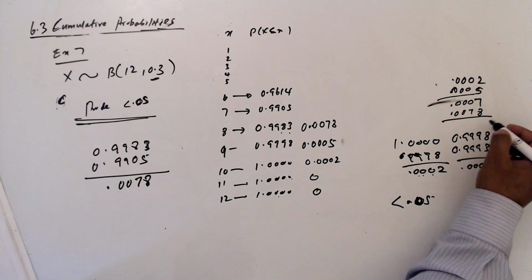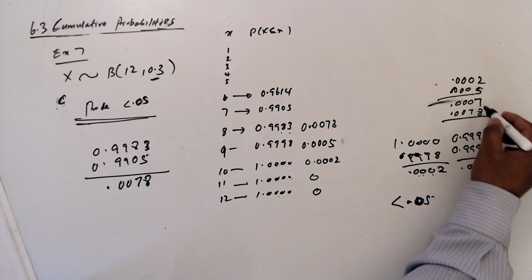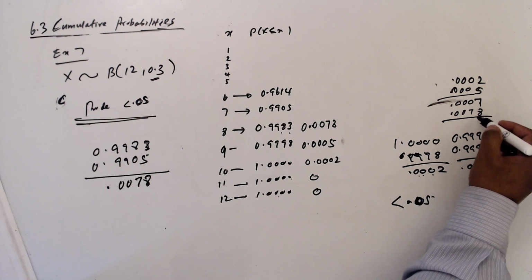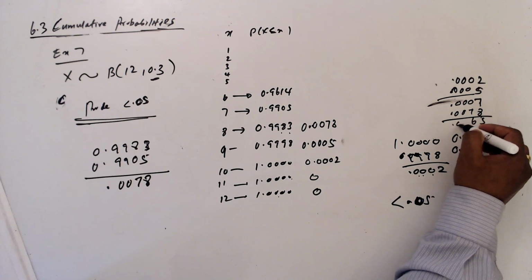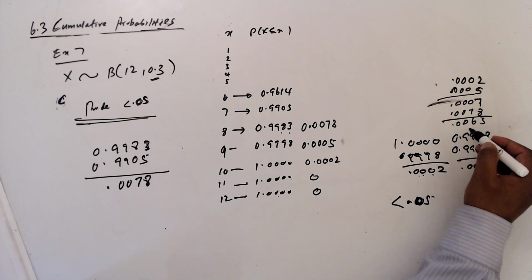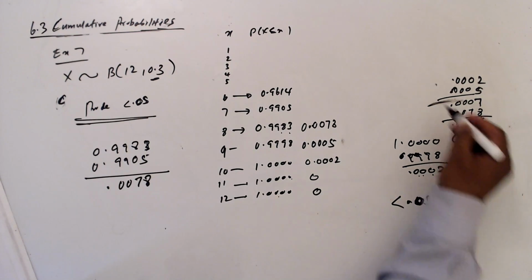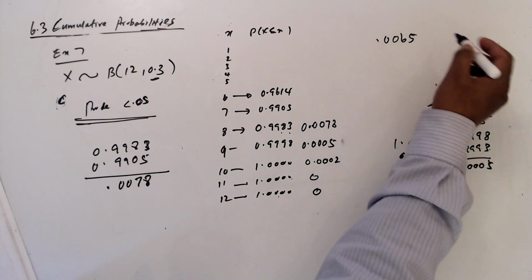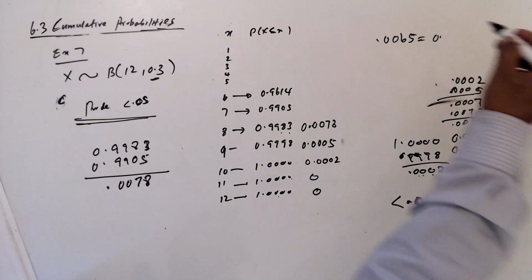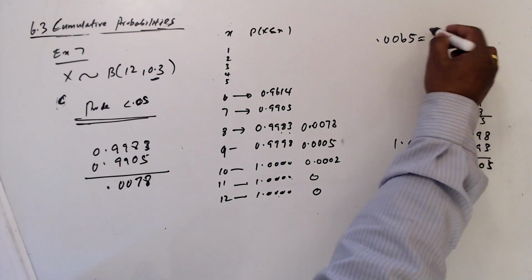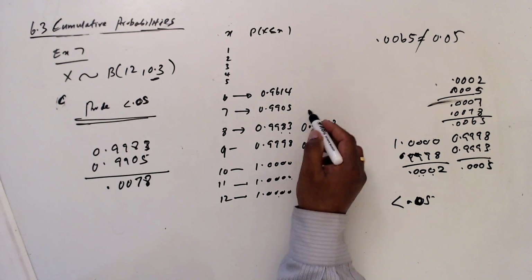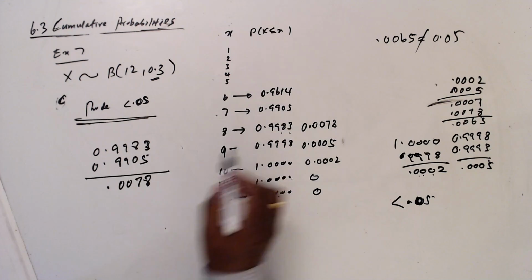So can I add this one, 0.0078? Then this is going to be 8, 7, 15, and this is 0.0065. Still I can, because it is not 0.05, not equal to. I can bring further. So what is the probability of getting 7?